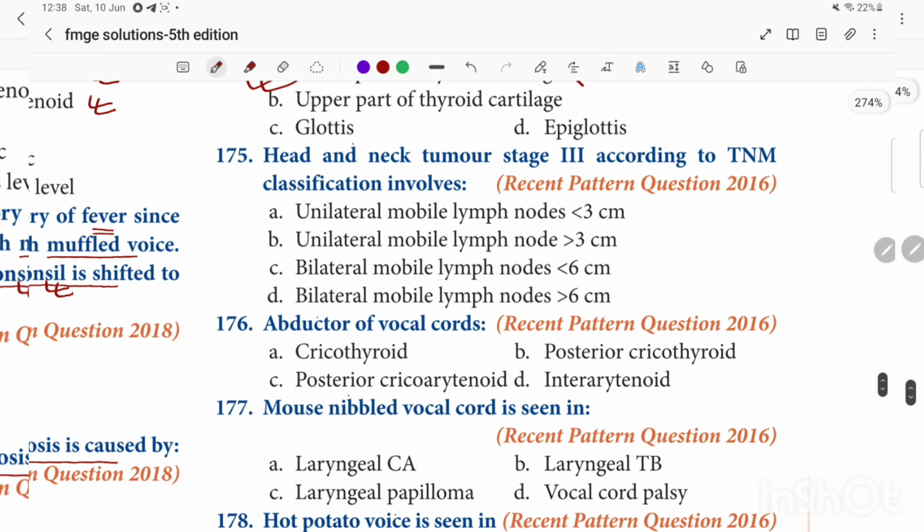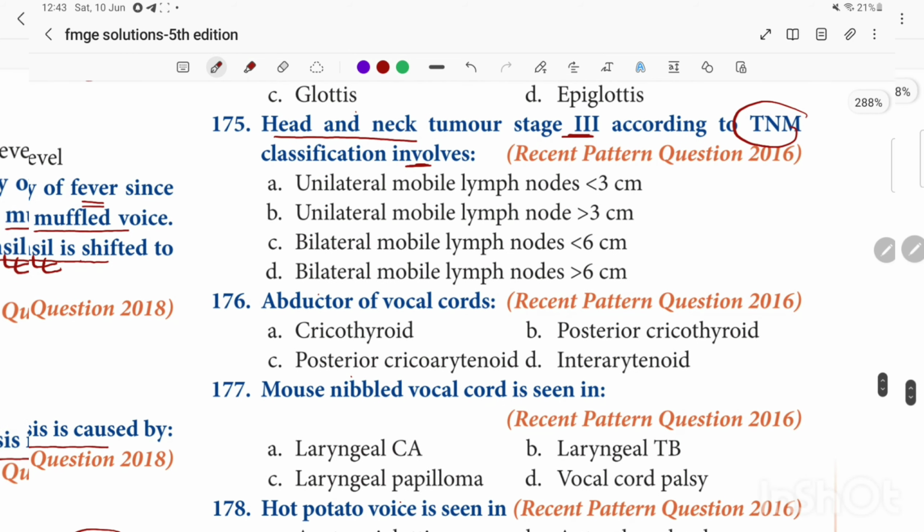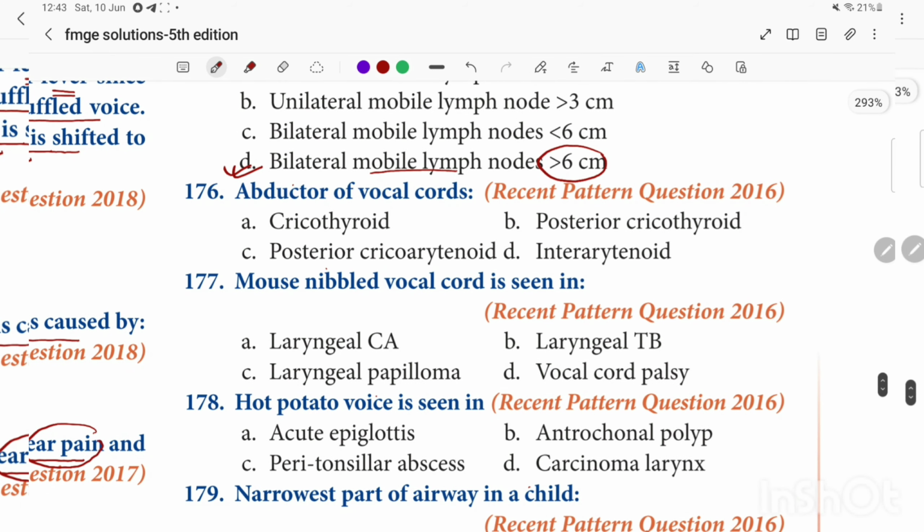Head and neck tumor stage 3 according to TNM classification involves bilateral mobile lymph nodes more than 6 cm.